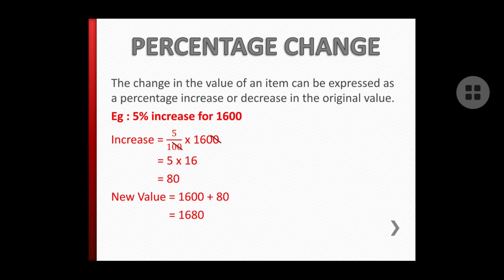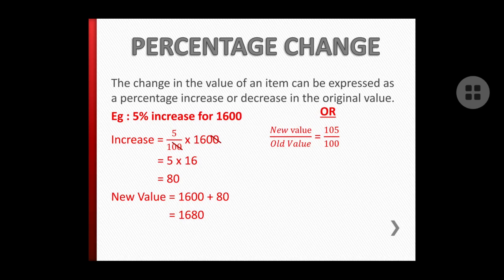Just the number 5 is being added. So for each 100 in the original, the new value will be 105. When you take the old value as 100, the new value will be 105, so we can write new value by old value is 105 by 100.